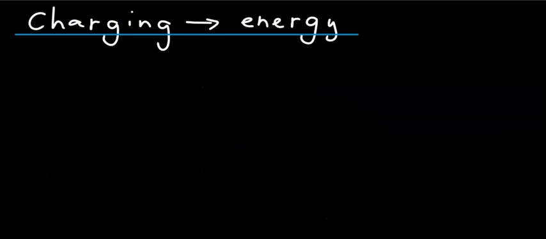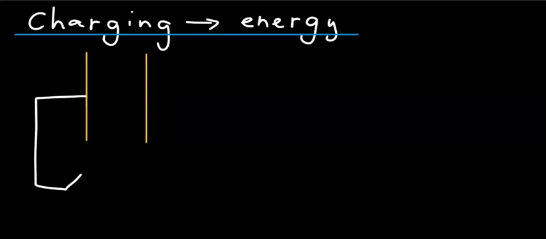Next, let's look at the charging process that gives rise to the energy stored in a particular capacitor. Assume that we have a capacitor, as shown in this figure. Let's connect this capacitor through a switch to a battery, like that.